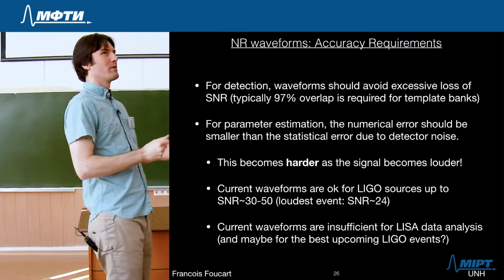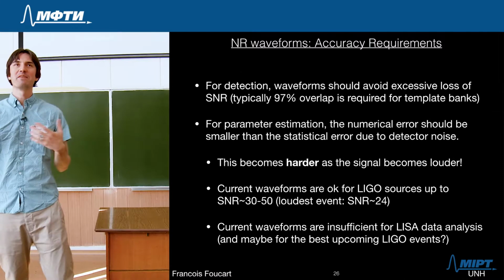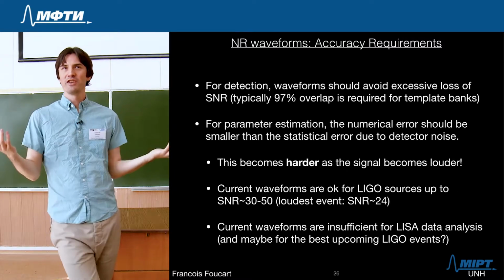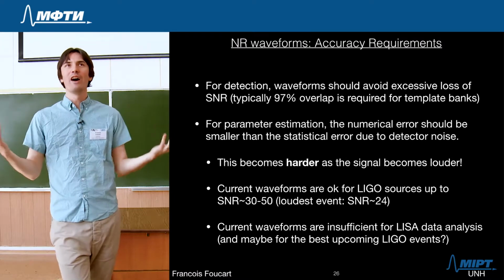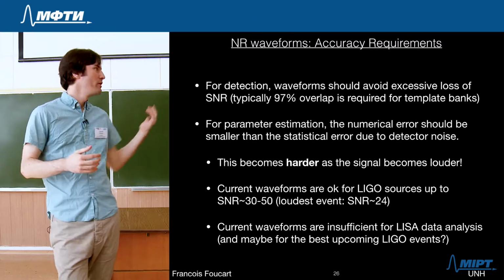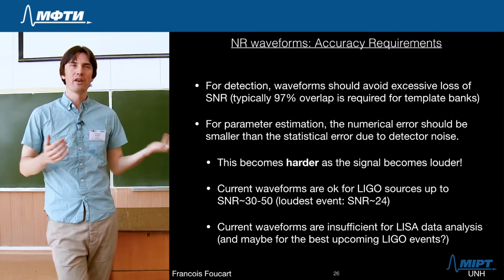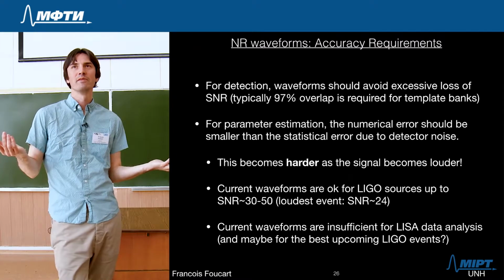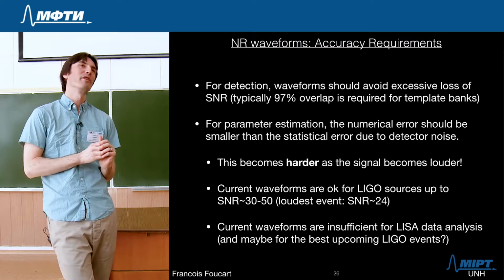And how much of a mismatch between those waveforms you allow is a bit of an arbitrary decision. It has to do with how willing you are to lose signals in LIGO. And the criterion that has been used by the LIGO collaboration for a while now is saying, okay, we are willing to lose about 10% of our signals due to poor waveform modeling.